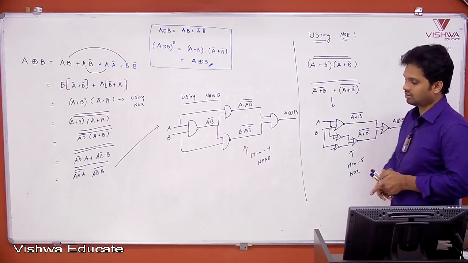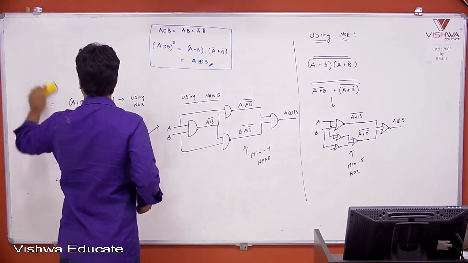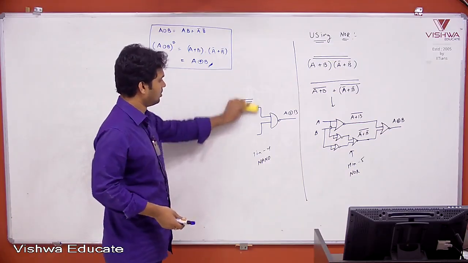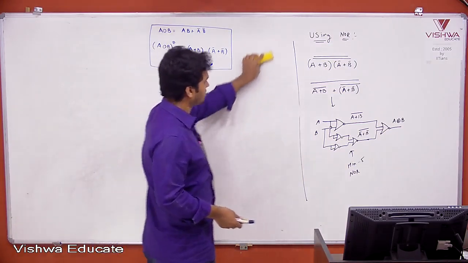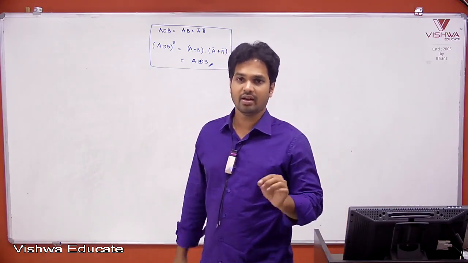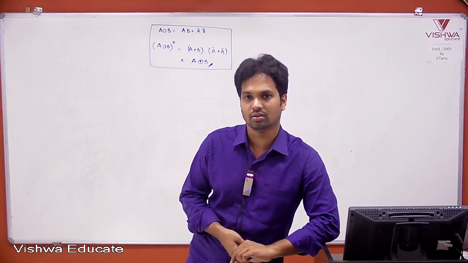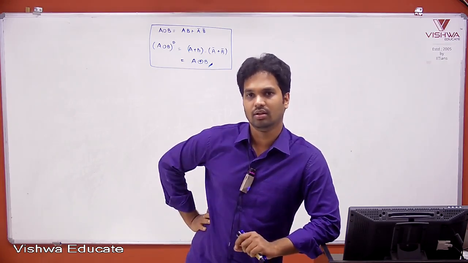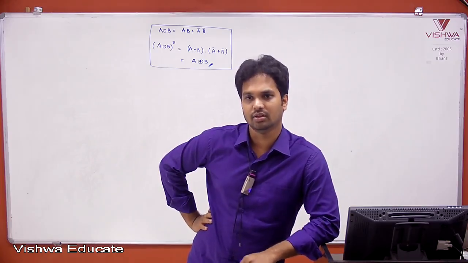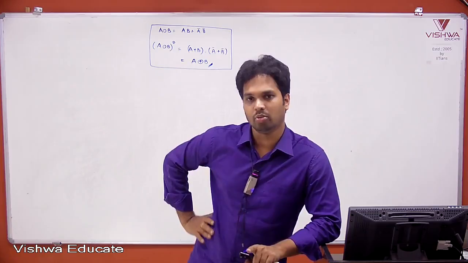Please write this important point. Write down, since XOR and XNOR are dual to each other, if NAND is exchanged with NOR, then XOR will be replaced with XNOR in the above figures.